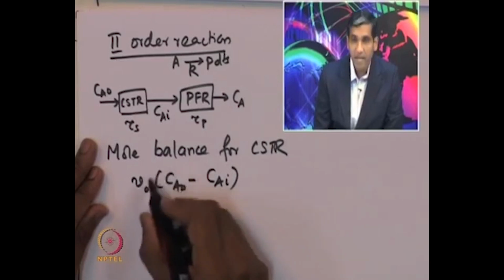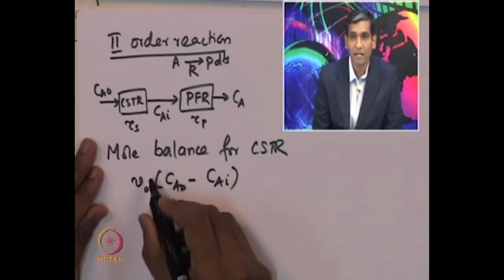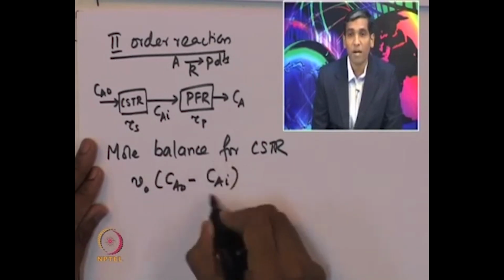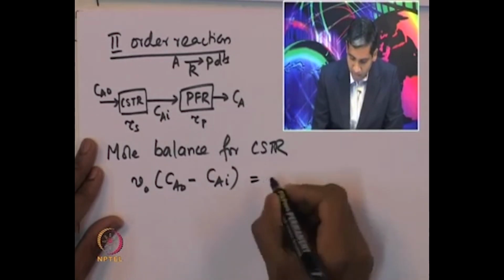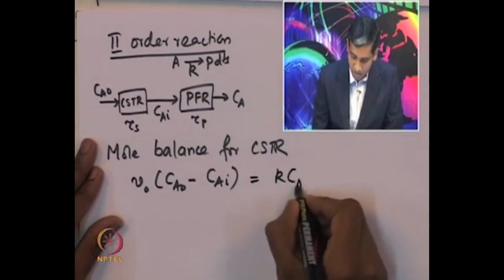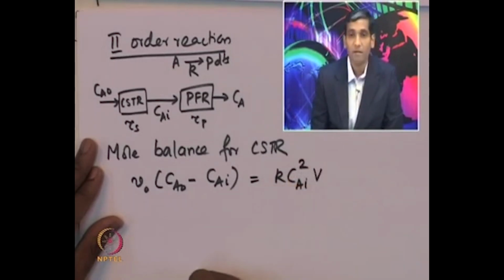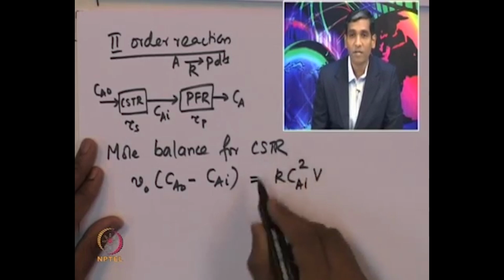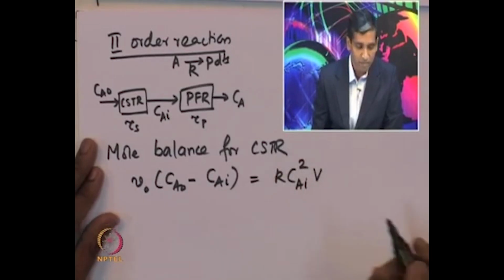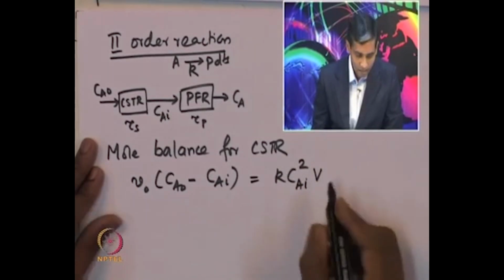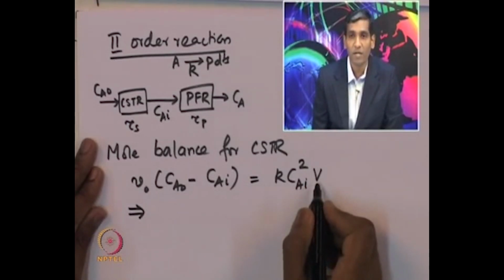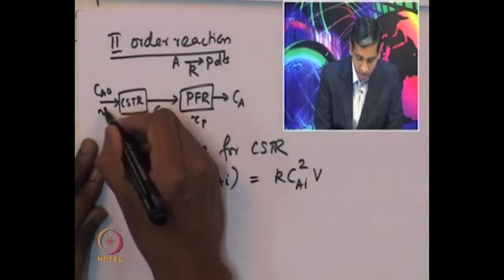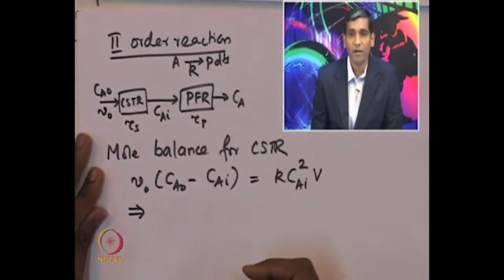So, that is the rate at which the species enters the reactor minus the molar rate at which the species leaves the CSTR, and that should be equal to k into Cai square into V, where this is the rate at which the species A is consumed multiplied by V, which is the volume of the CSTR. So, simply by dividing this by v naught, which is the volumetric flow rate with which the fluid is entering the combination of reactors.